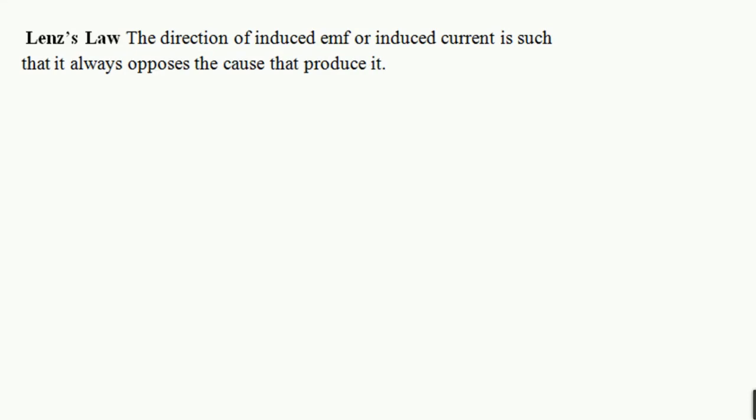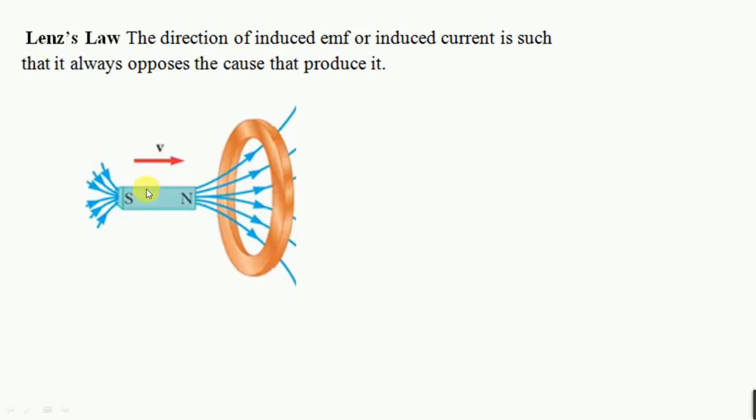Now we'll understand this by taking an example. Suppose I'm moving this north pole towards this loop, and I have to find the direction of induced EMF. According to Lenz's law, it will try to oppose. So in this loop, current is produced in such a direction that it will try to oppose the magnet coming towards it.